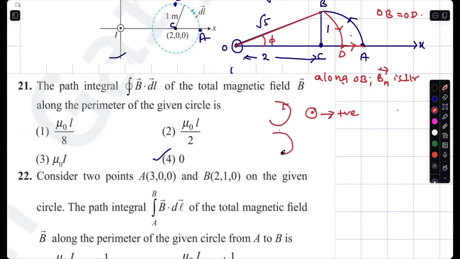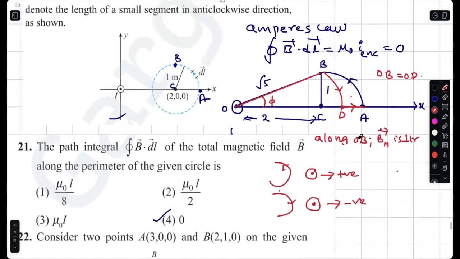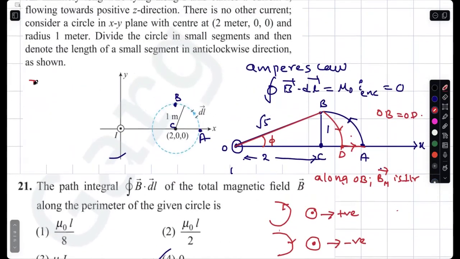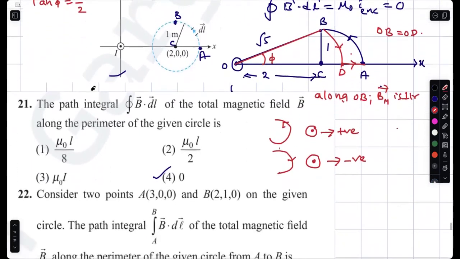But if we are traveling in clockwise sense, outward current carrying conductor will become negative. Do you agree with this? Now also you find tan phi from here. Tan phi is nothing but 1 by 2. Don't forget that's the point which I want later.